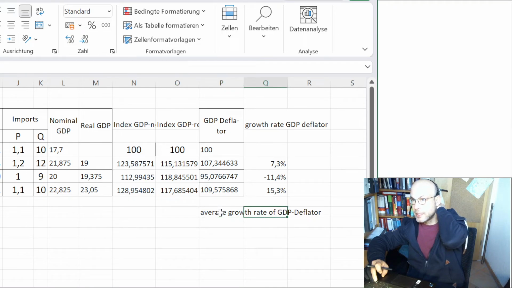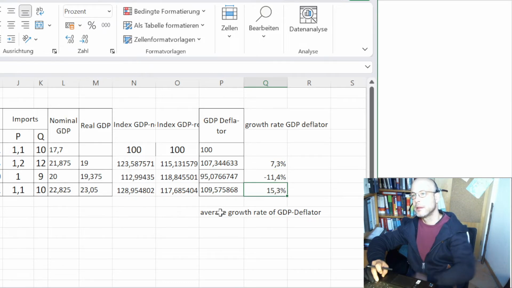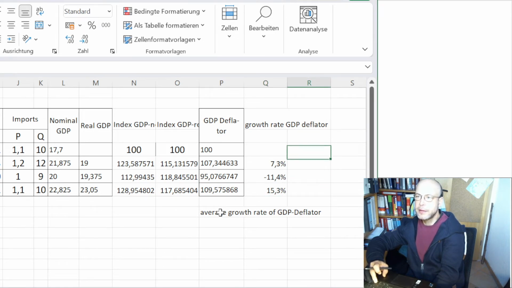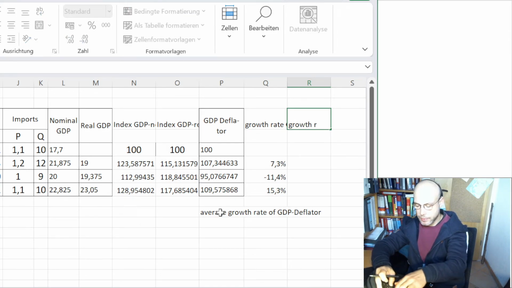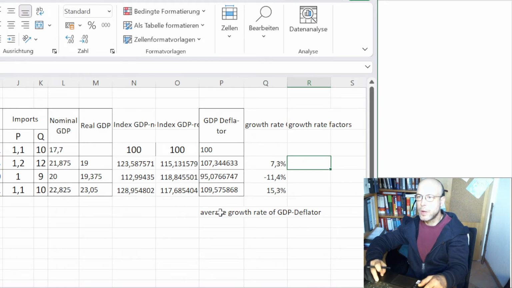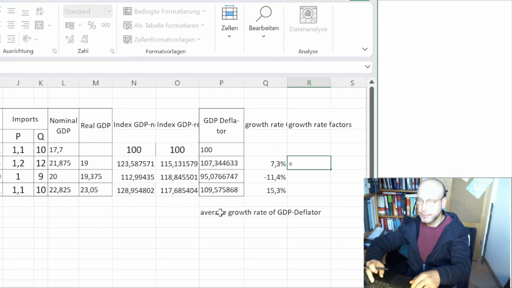Well, we can't just add up these three numbers, 7, 11 plus 15, dividing by 3, but we have to use the geometric mean of the inflation factors or the growth rate factors. So what we need is the growth rate factors, and this is just 1 plus the growth rate.